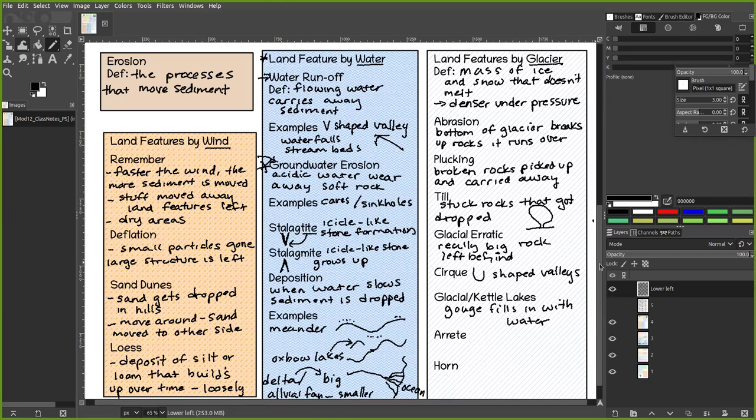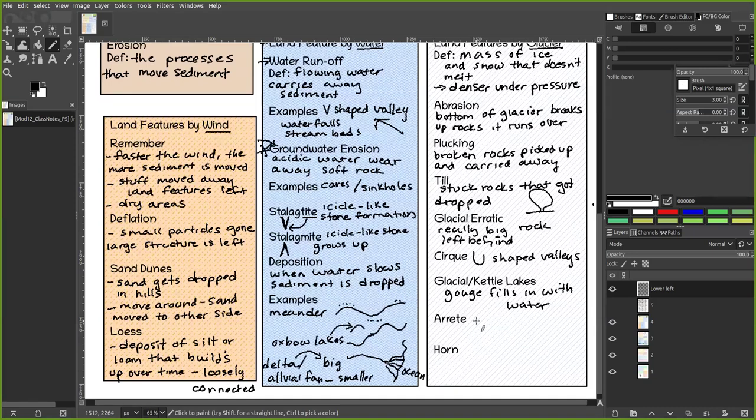The last two things we're going to talk about are an arête and a horn. An arête is a ridge that's formed when two glaciers come together. They meet. And then they stop. And they each pulled away some rock from that area, and a ridge is left behind.